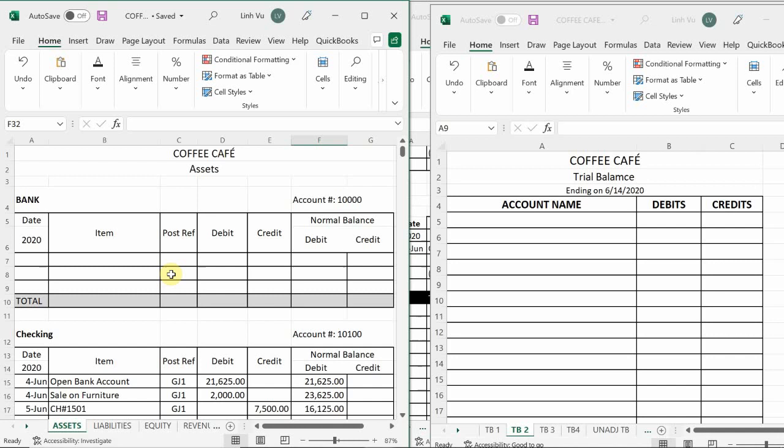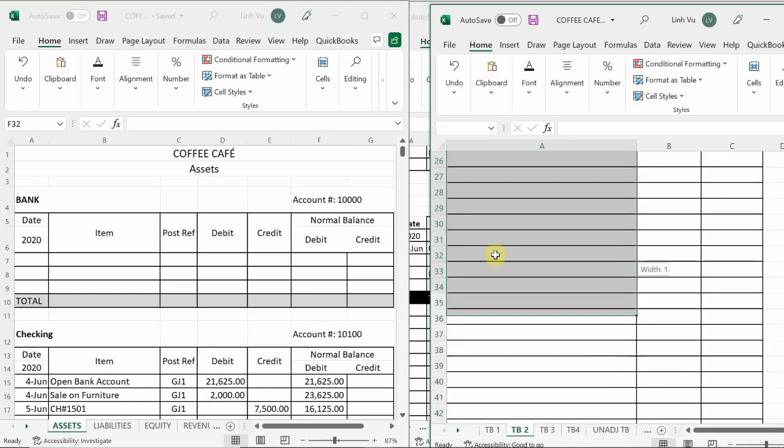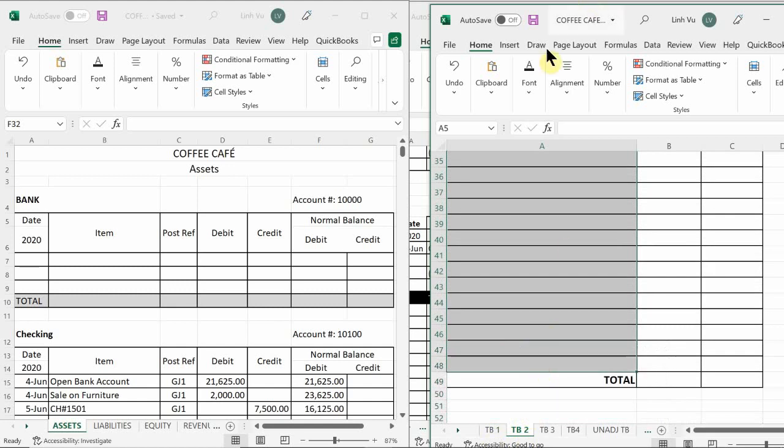So we're going to go through every single account in our chart of accounts that has an account balance, and we're going to list them out. Starting with our bank account here, nothing there, okay? No account balance there, so do we need to record this in our trial balance? No, right? There's nothing in there.